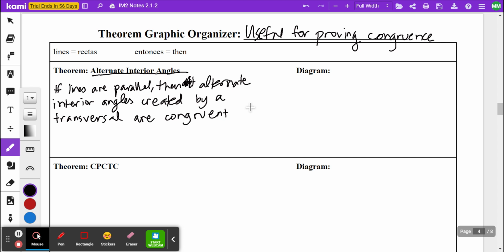Here's the drawing for it. And I want you to be super careful. So suppose I have this diagram. And it is a trapezoid. And we have a transversal right here. Okay, so with this transversal, I can claim some triangles are congruent, but not others.